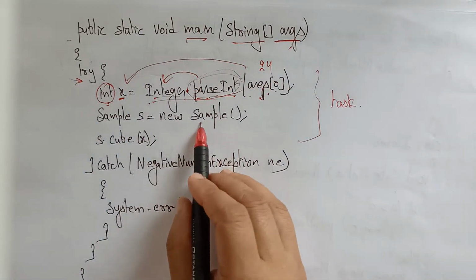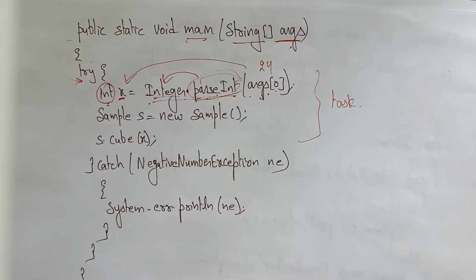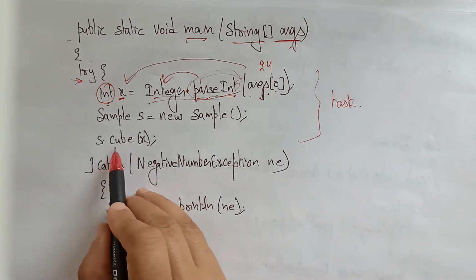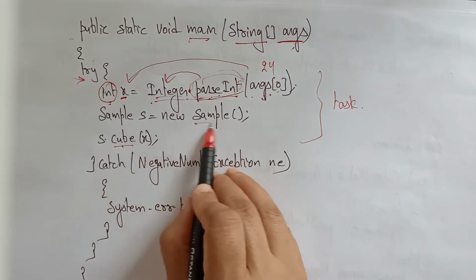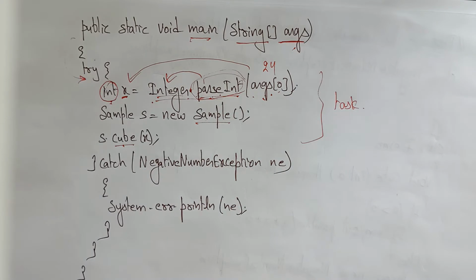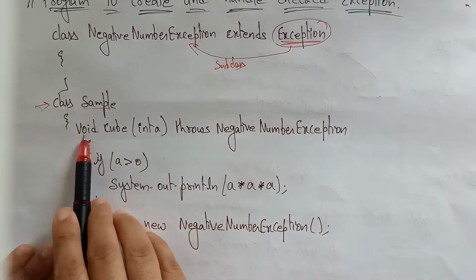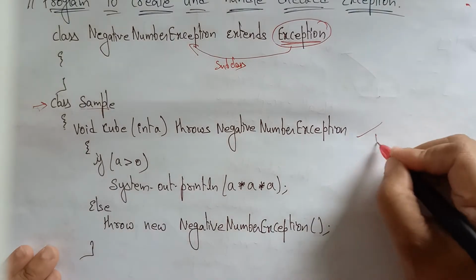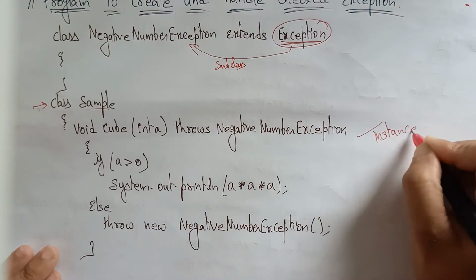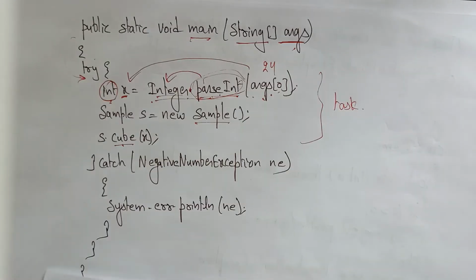Now an object needs to be created. If you want to access any method, like cube, which is a method, first try to create an object. I already explained that. If you want to access an instance method, void cube is an instance method, first create an object.